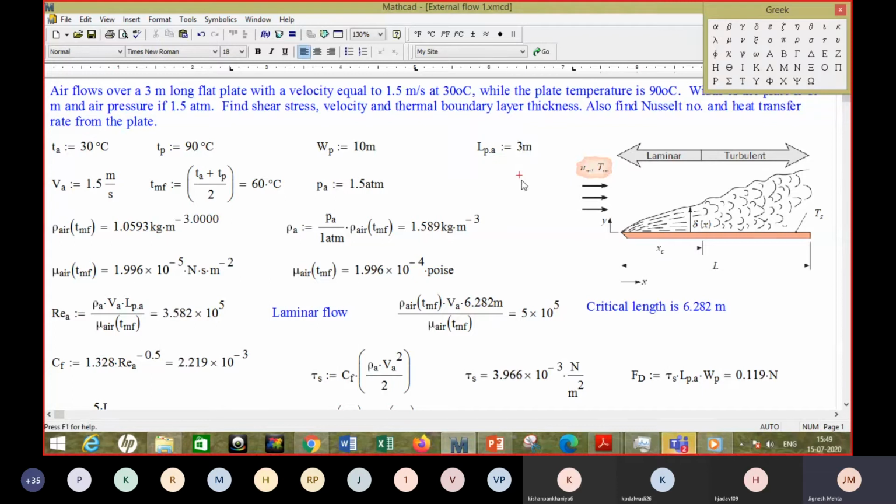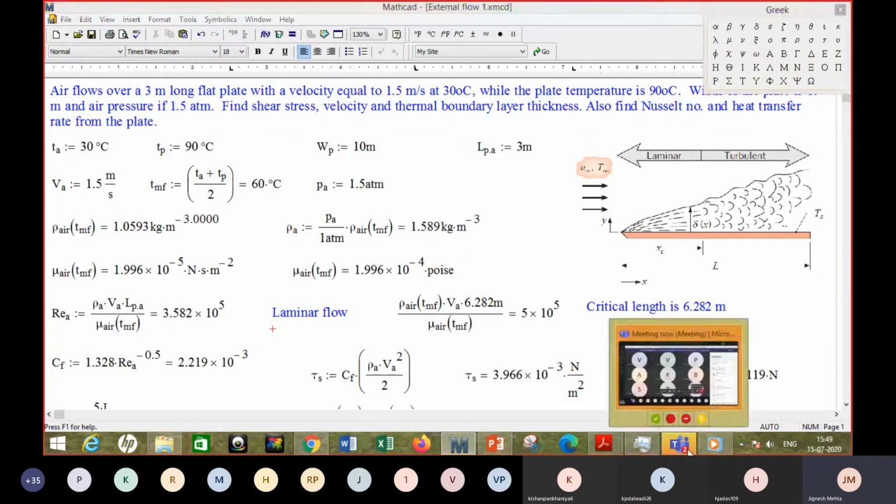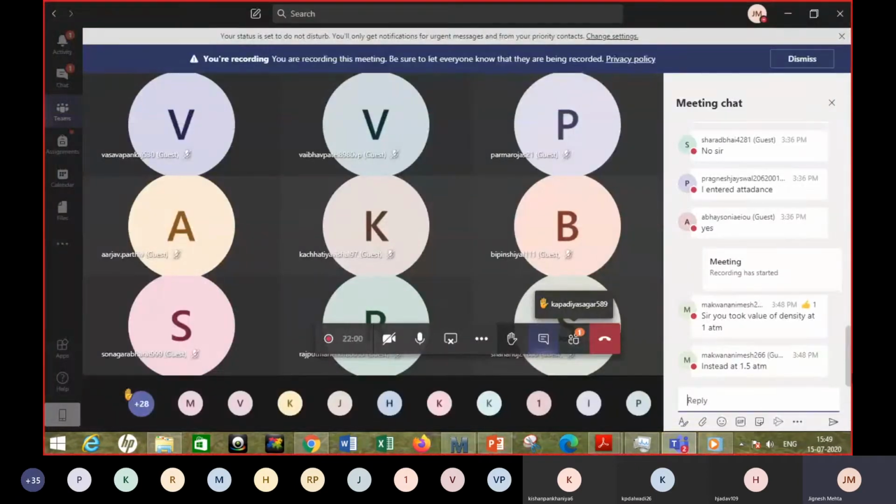If I take 3 meters length, then with this density it still remains less than 5 into 10 raised to 5. So good, thanks for pointing this out. And this is why it is important that you solve the example along with me.